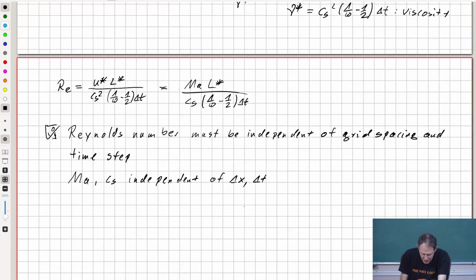So we can write everything that we know onto the left-hand side. That is constant.